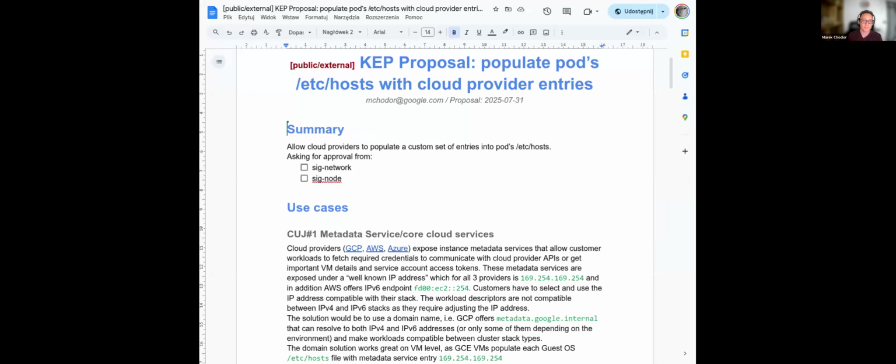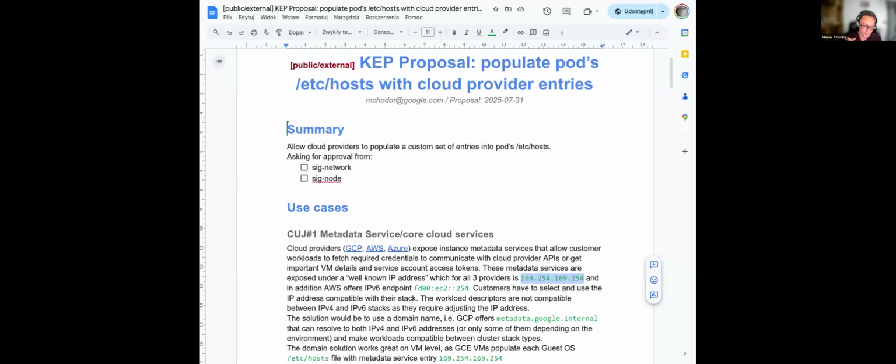All of them have metadata service available on a well-known IPv4 address 169.254. And actually, it makes workloads incompatible between different stack types. If we take the same workload and try to deploy it to the IPv6 only cluster, it will fail because it doesn't have IPv4 connectivity.